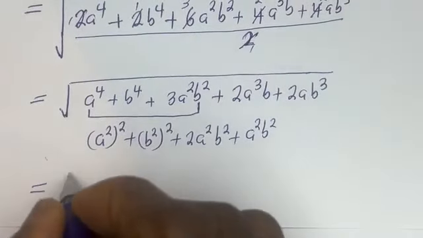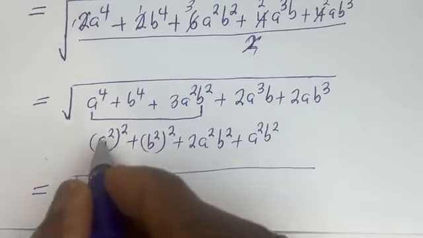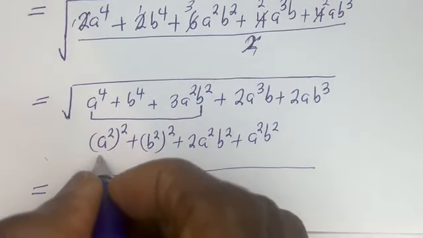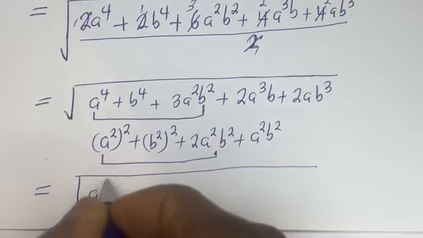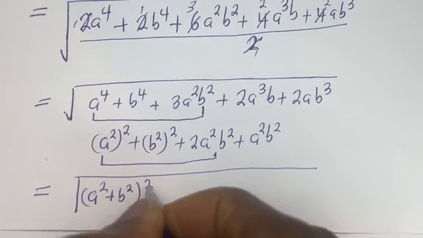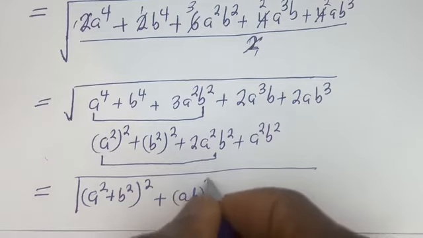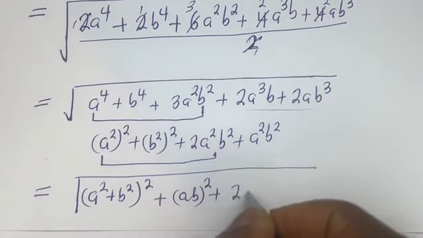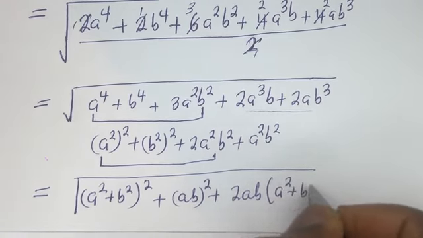This is equal to square root of, we have here the whole of this from here to here is A square plus B square all squared, then plus this is AB squared, plus then all of this is 2AB bracket A square plus B square.